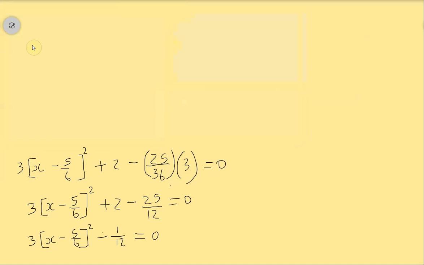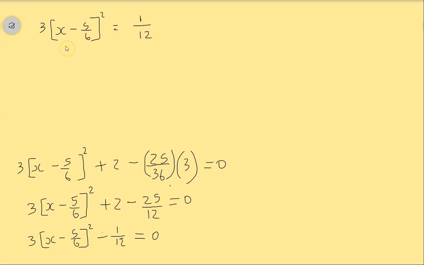Alright, now let's continue solving. Now we need to transpose, so we'll have 3 times x minus 5 upon 6 all squared is equal to 1 upon 12.